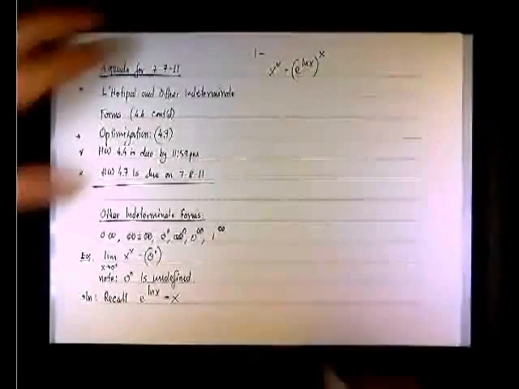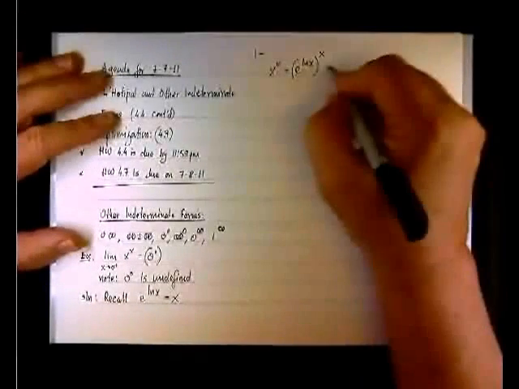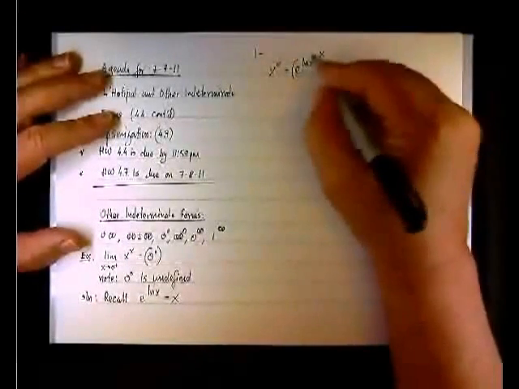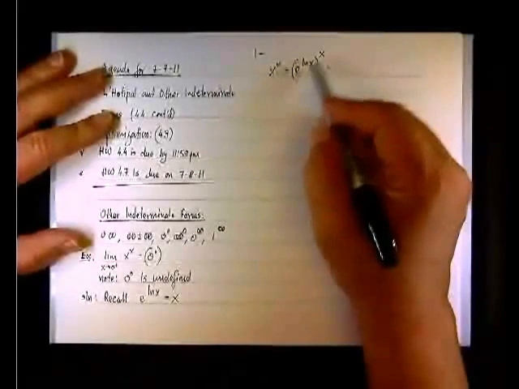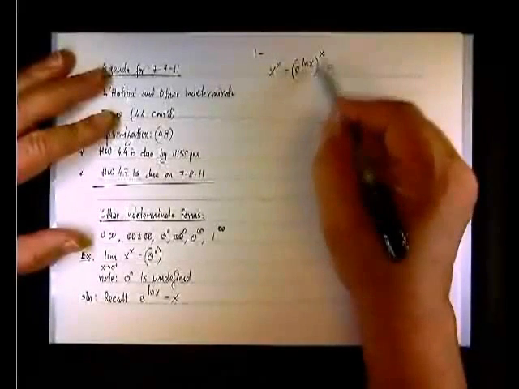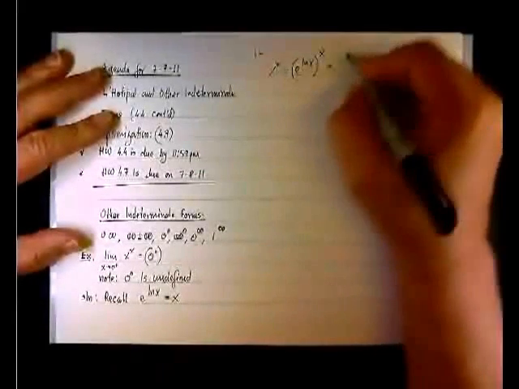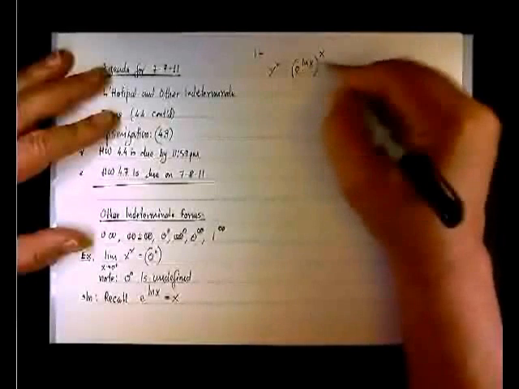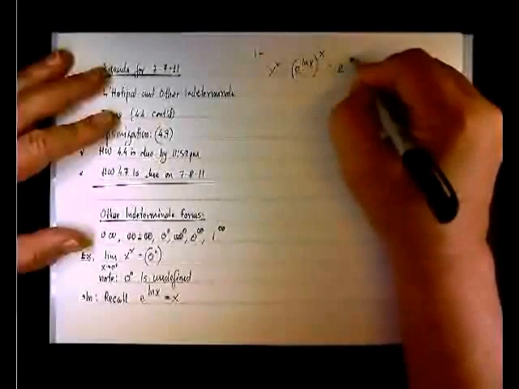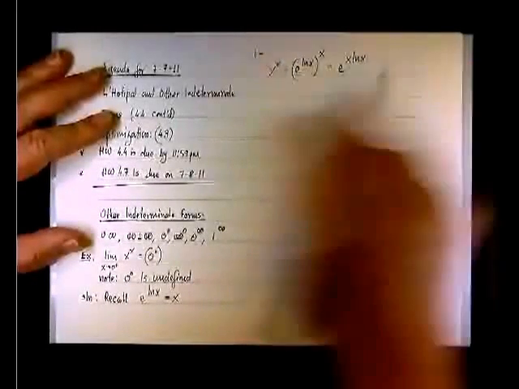So this will be the base of a new exponential function. And then we'll use the property of exponential functions: if you have an exponent raised to another power, you end up multiplying. So we multiply natural log of x by x.